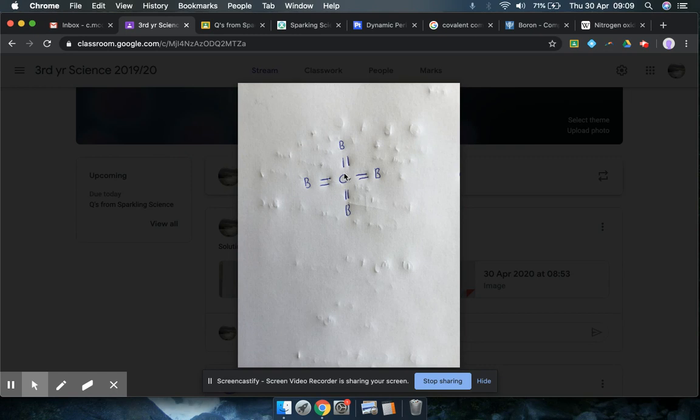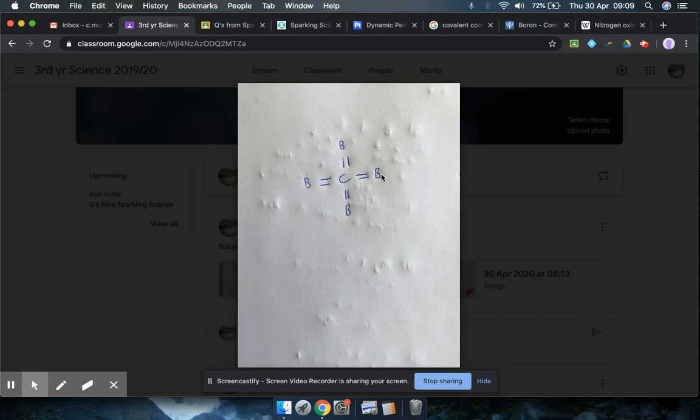Carbon, if you recall from what I had there a while ago, has a valency of 4, so therefore has 4 electrons that it needs to lose or gain. Boron has a valency of 3. What's going to happen here actually is carbon is going to share 1 electron, and this line here represents a bond. So carbon is going to share 1 electron here with boron.